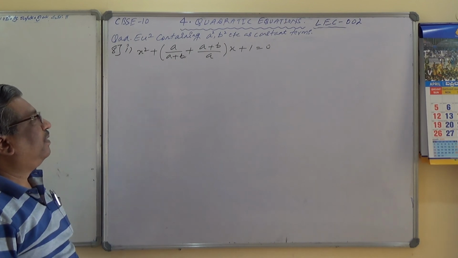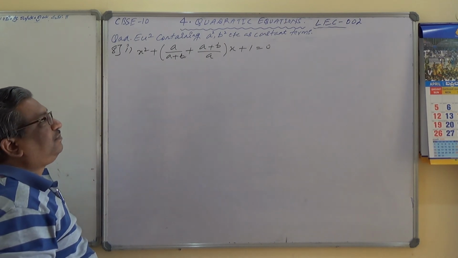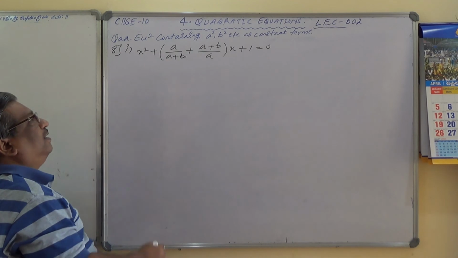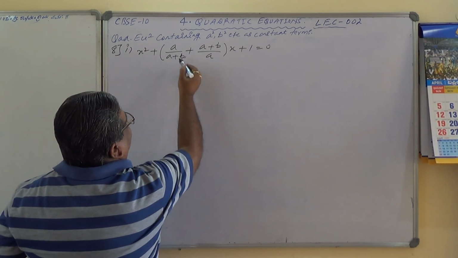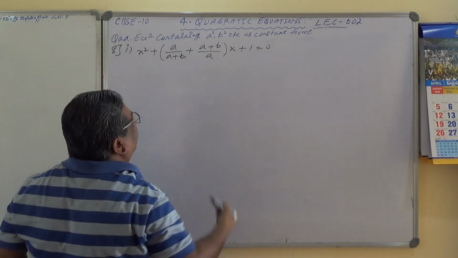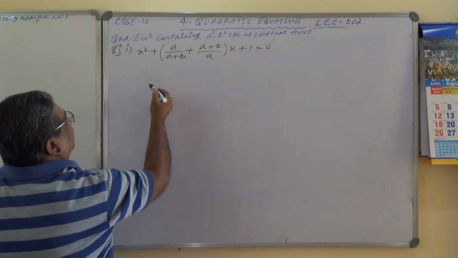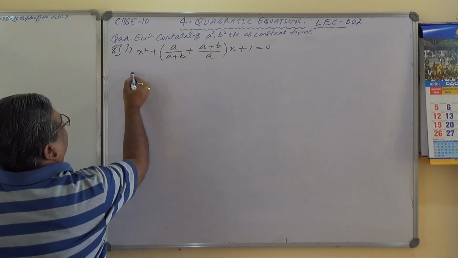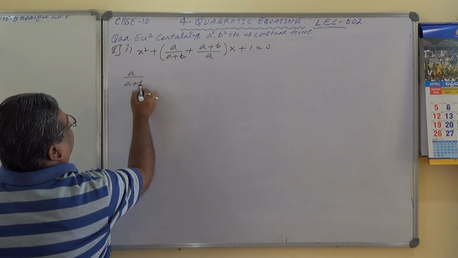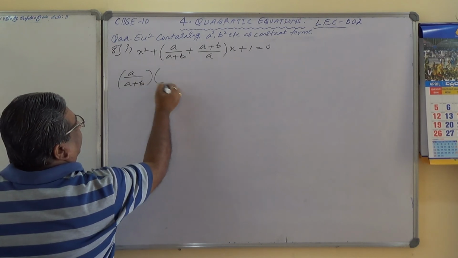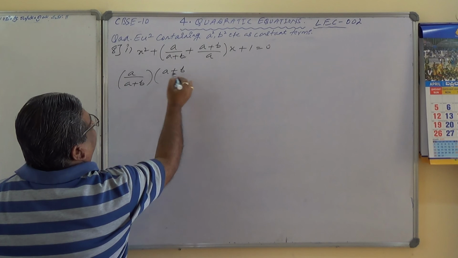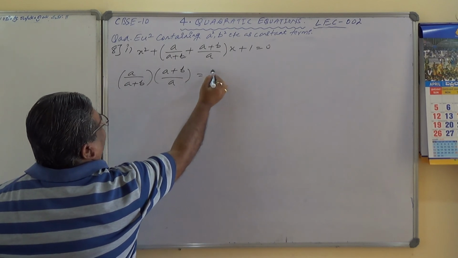See, what is this middle term? A by a plus b plus a plus b by a. Listen carefully. A divided by a plus b into a plus b divided by a equals 1.